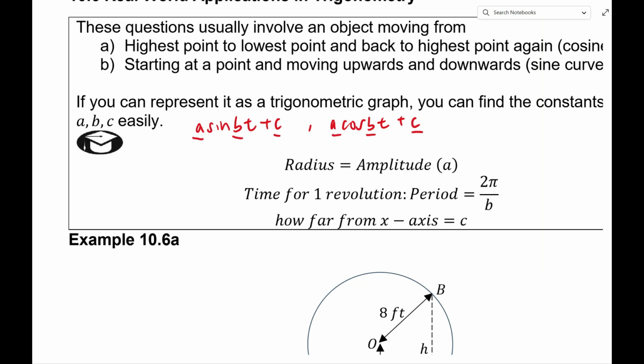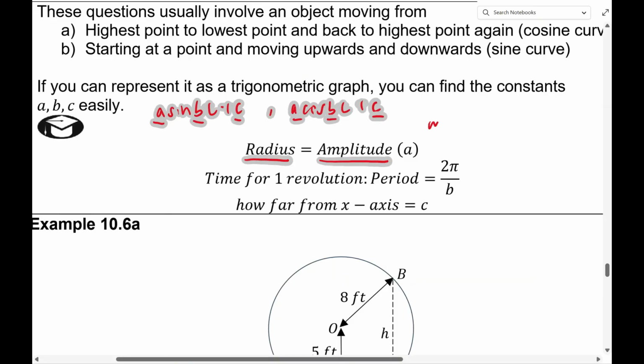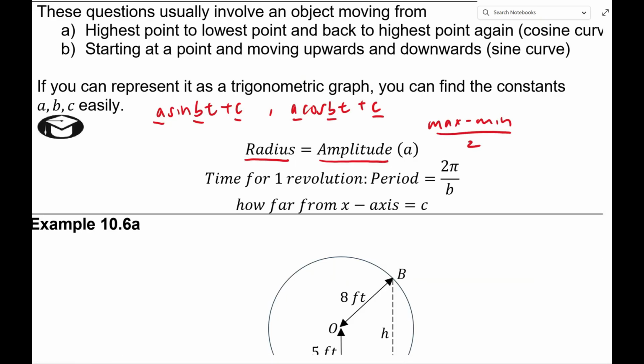For a, it will usually be known as the radius in the question or the amplitude, which can also follow the formula of the maximum value minus the minimum value over 2.